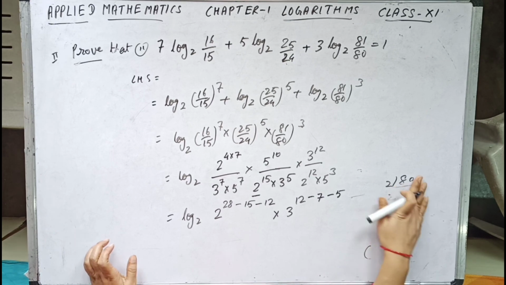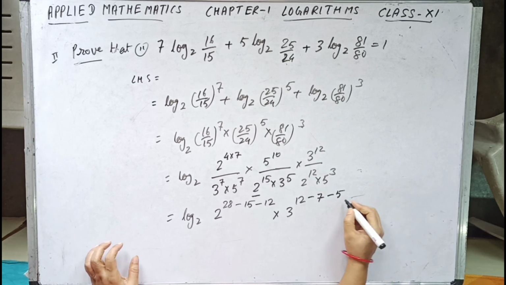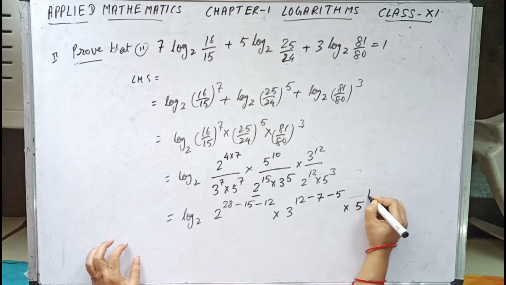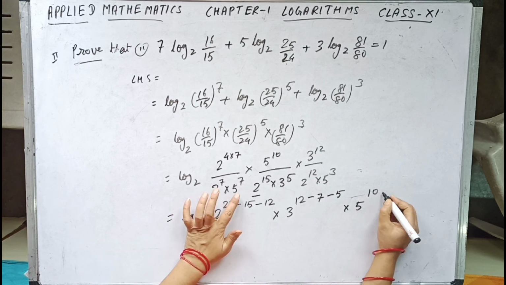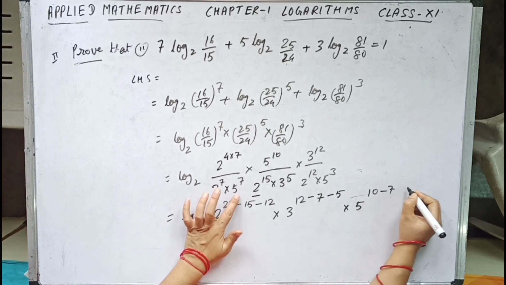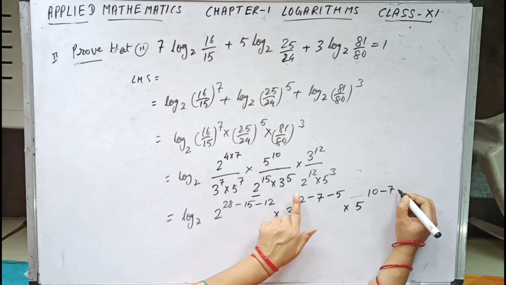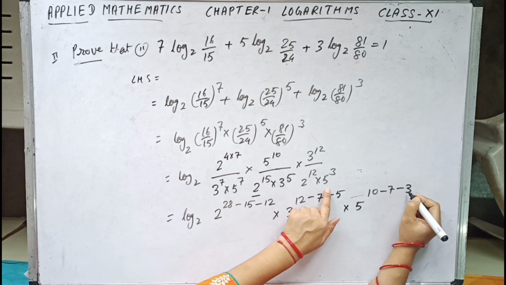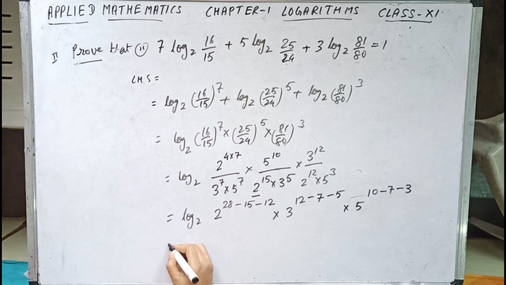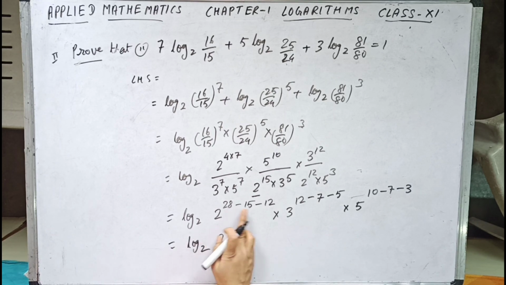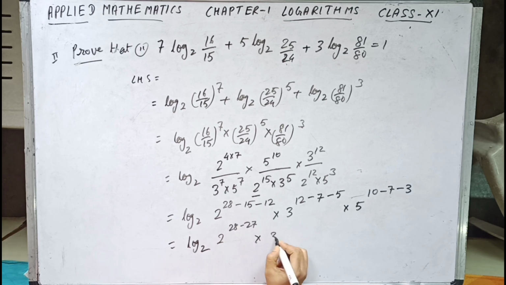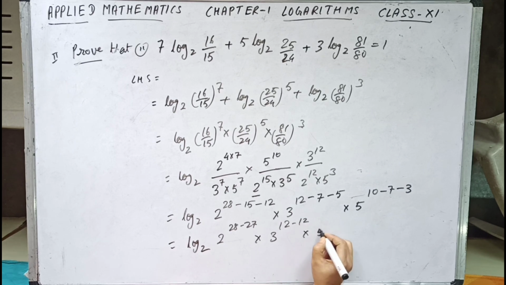Now into 5 power 10, minus 7 and minus 3. Okay. So this we can write as log base 2 of 2 to the power 28 minus 27 into 3 power 12 minus 12 into 5 power 10 minus 10.